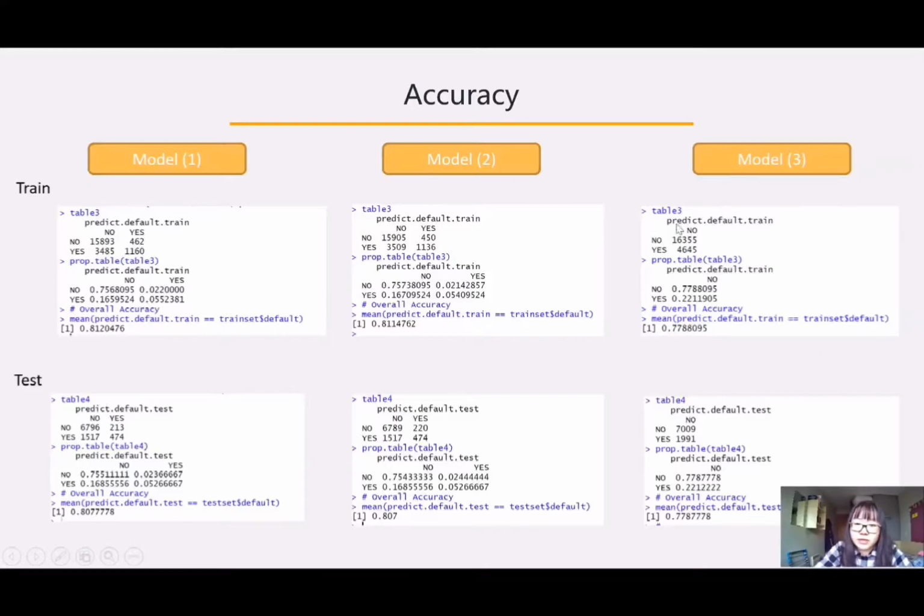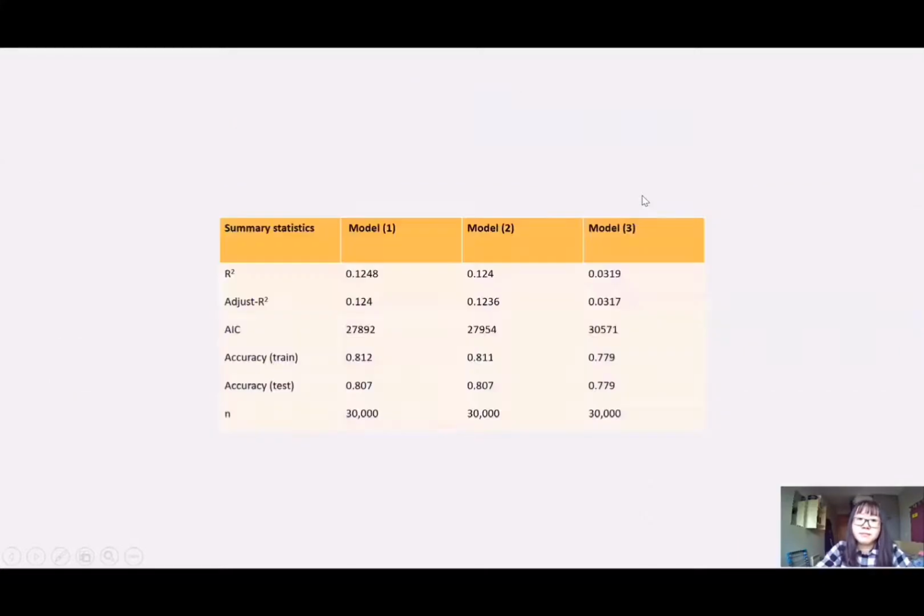And if you look at the accuracy of model 3, we can see it never predicts yes. So this accuracy is meaningless, even though it's 78%, it doesn't mean anything. And this model is very useless.